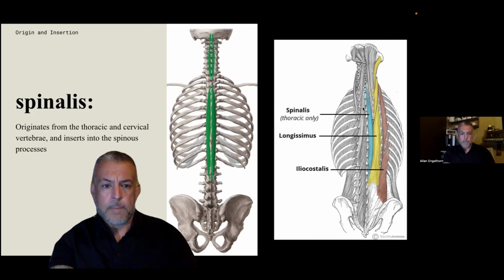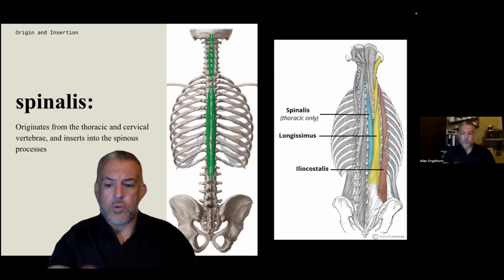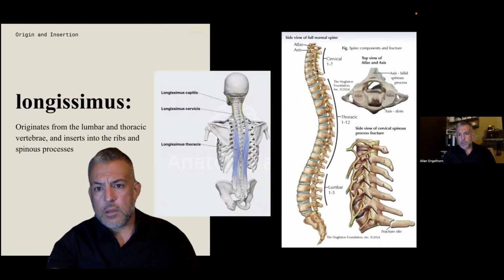So right there, where it starts in the cervical vertebrae, and then it inserts once again, like on the previous slide, into the spinous process. Right there, the little spikies on your back.